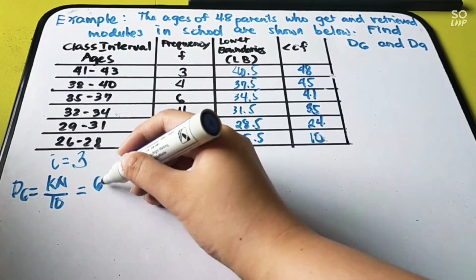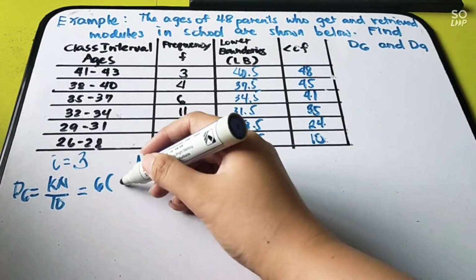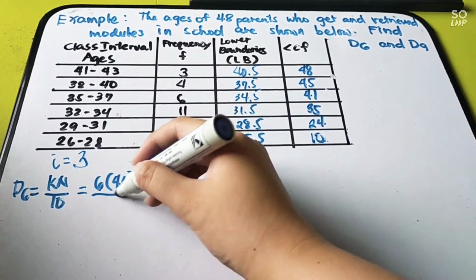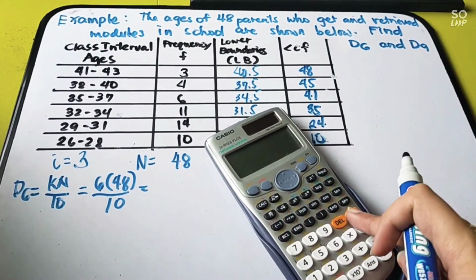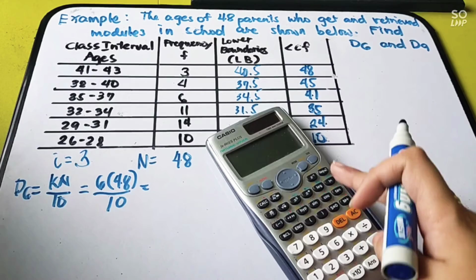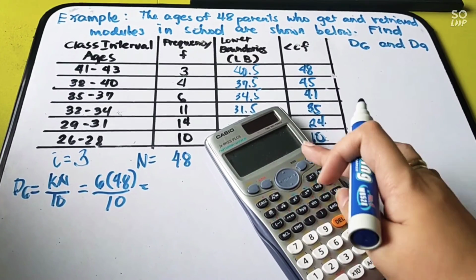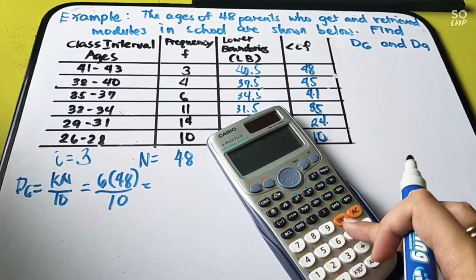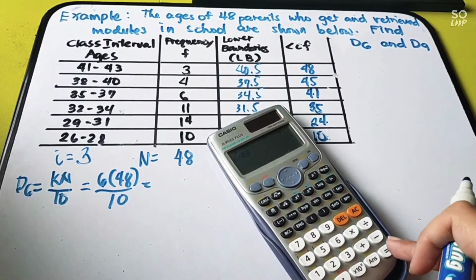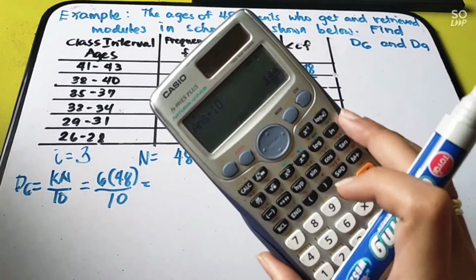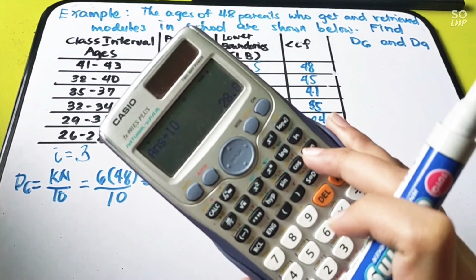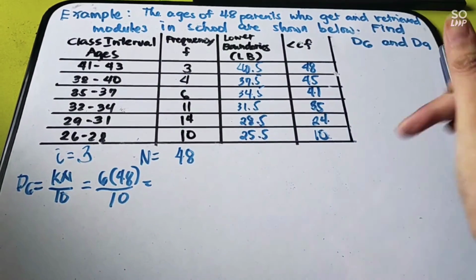Ang k mo ay 6, multiply, ang n mo, we have here 48, then divided by 10. Let us compute. We have 6 times 48, then divide by 10. Ang sagot po ay 28.8.